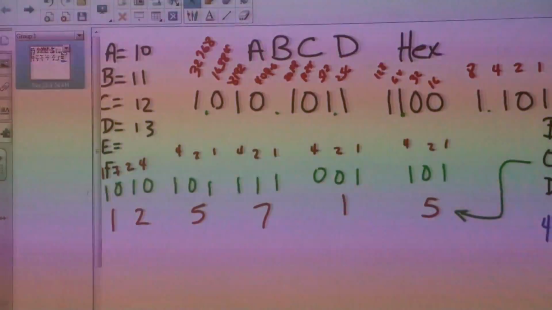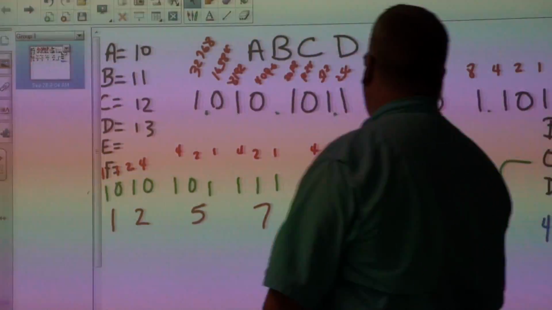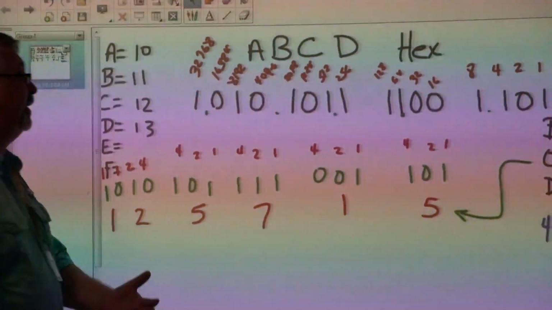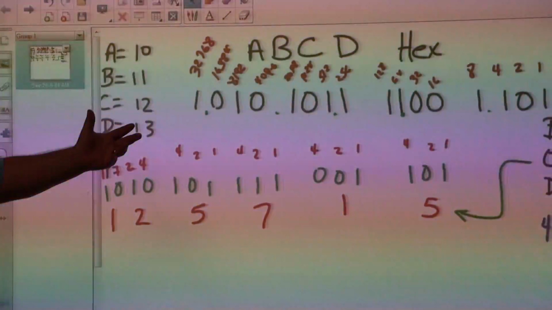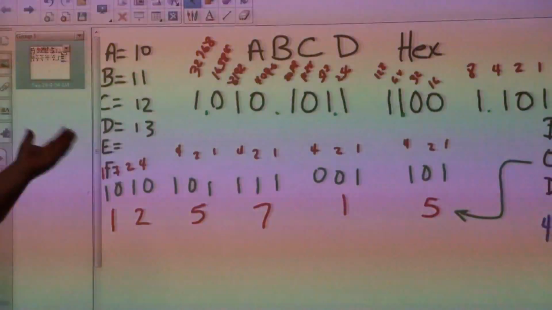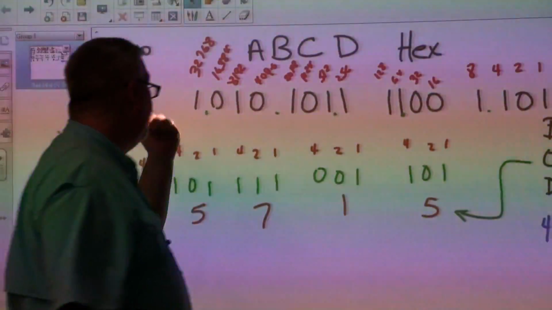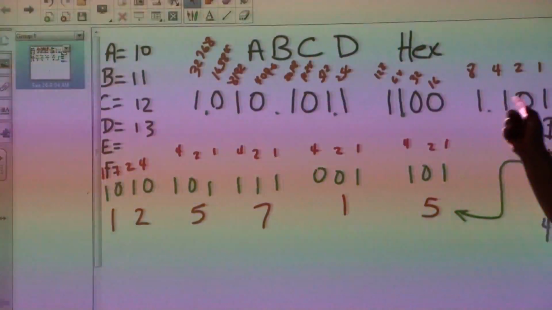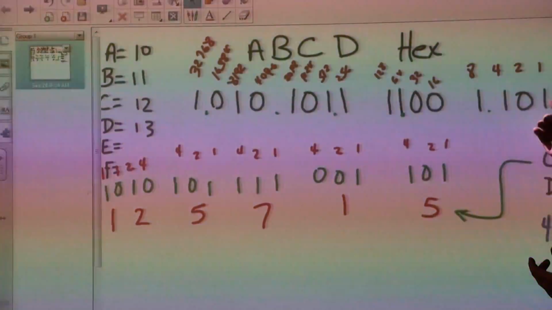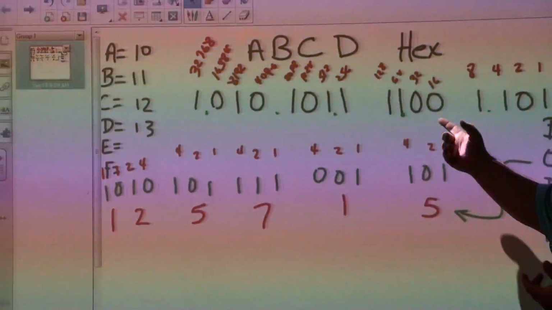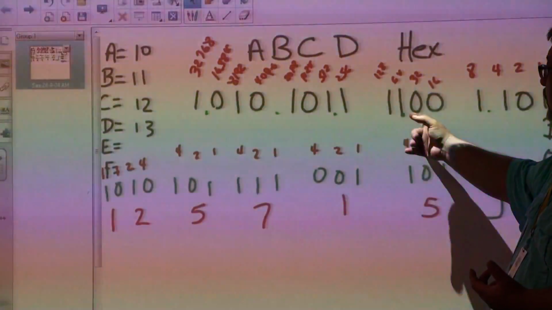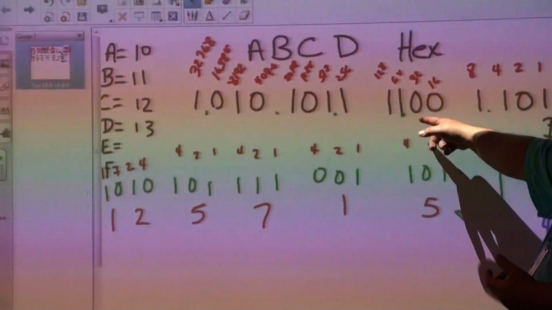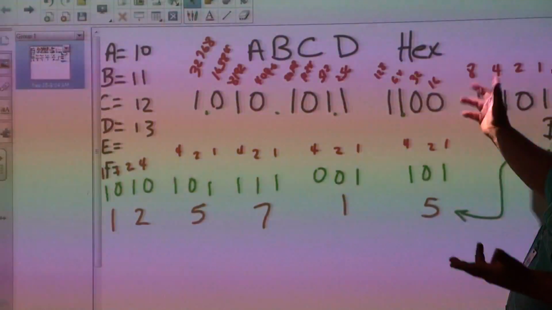All right, so let's talk about how we got there, and how I didn't get there. But first, to get the binary, I just broke it up into groups of 4. It's hex. So D, and I wrote a little chart over here, is equal to 13. So my first group of 4 has got to equal 13. 8 and 4 is 12, plus 1 is 13. C is equal to 12, so 8 and 4 are 12, and nothing here.